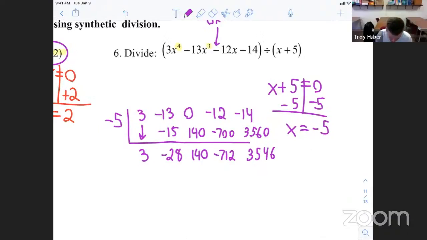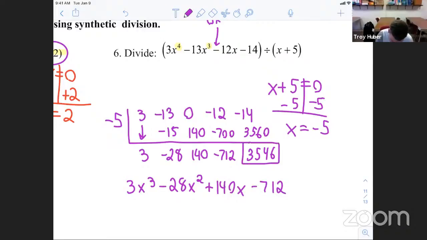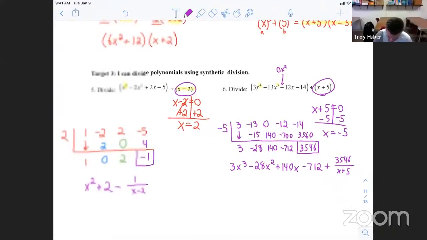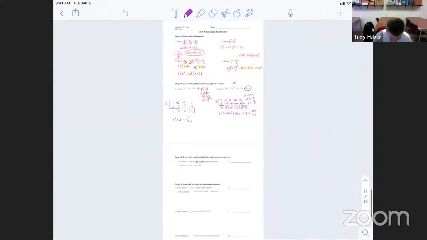All right, so this one we would have 3x to the third minus 28x squared plus 140x minus 712 plus my remainder 3,546 over our divisor x plus 5. All right.